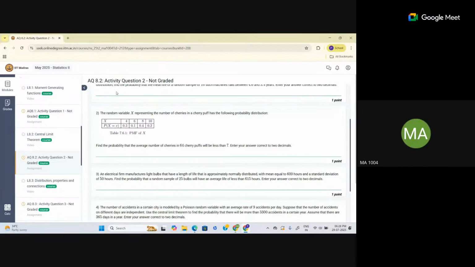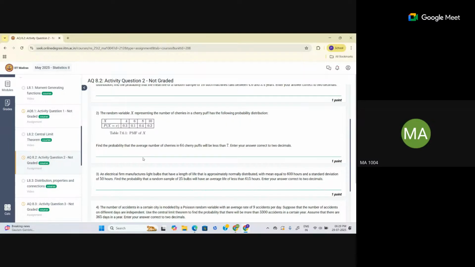First of all, we are given the distribution of x. Whenever you are solving this type of question, you should know the mean and standard deviation of that variable. So the mean we can find using this PMF. You just have to use the formula of expectation of x, which is the summation of x times probability of x.